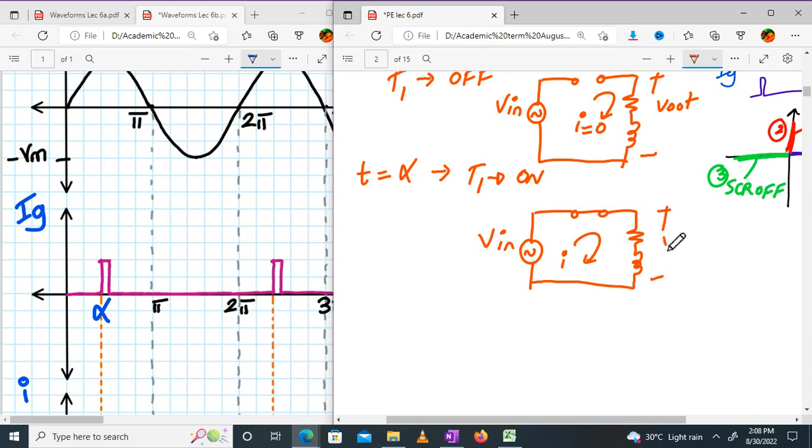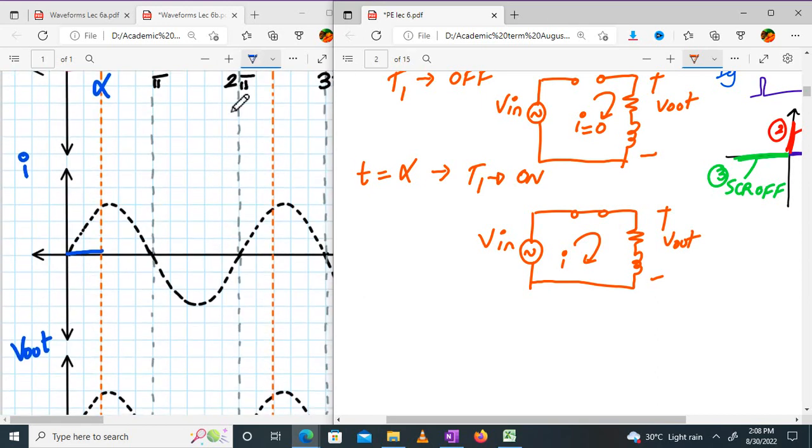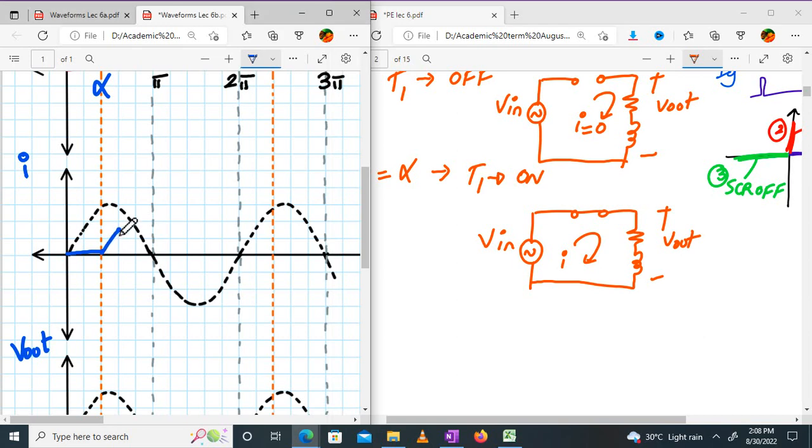And what will be the current now? Current waveform. The current will slowly increase, reach max value and decrease. Correct? So how it will happen over here? Current will increase, reach the max value and then decrease. Okay, it might not be a sinusoidal wave, it will not be an exact sinusoid. And this value is called beta. Are you following what I'm trying to say? This is beta. This is my current waveform.